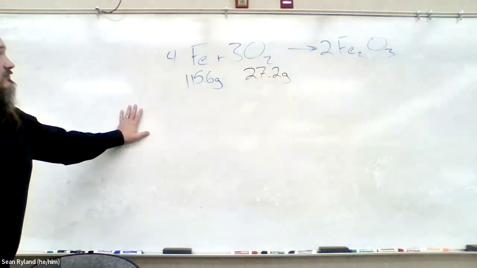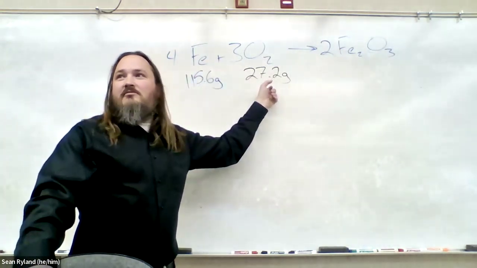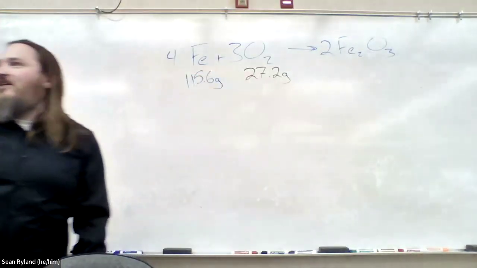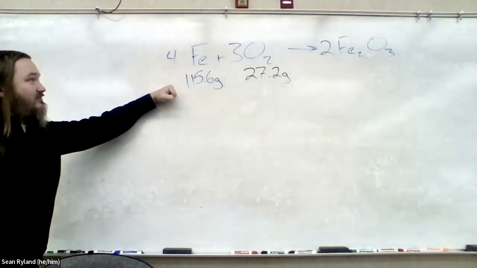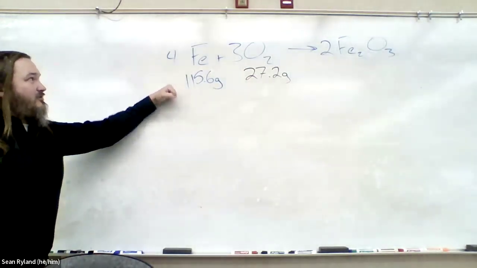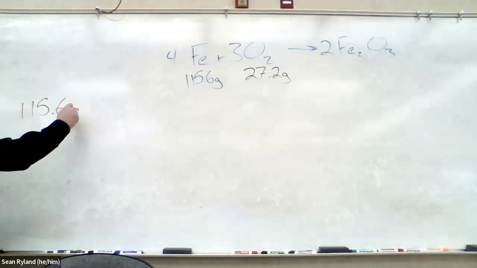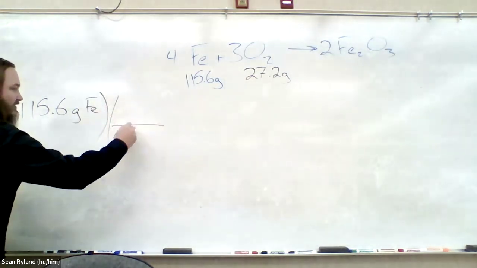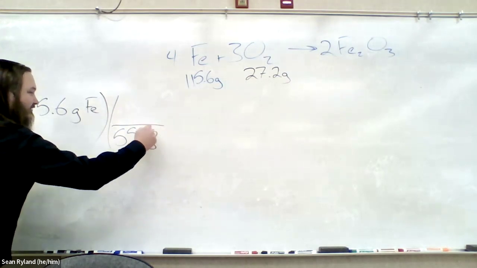All right. So now we've got grams of things right here. Now what do we do? Somebody already said it once. Put them in moles. When in doubt, put everything in moles. So that's going to give us a little over 2 moles of iron. 115.6 grams of iron divided by 55.845.